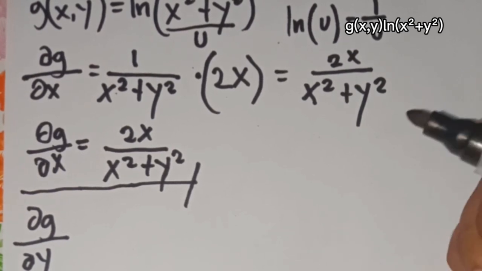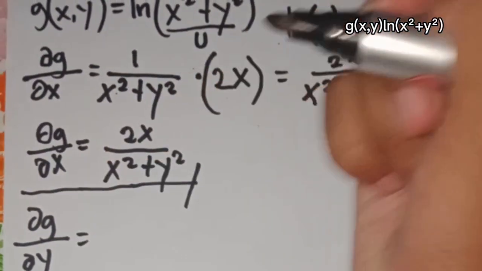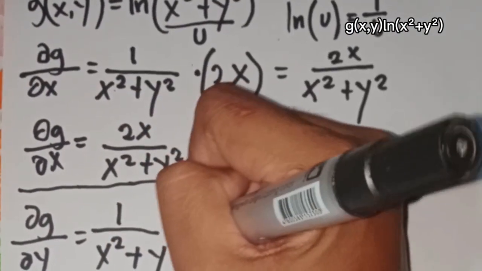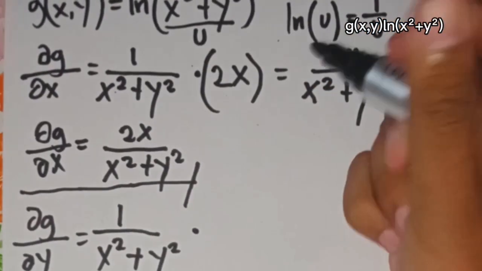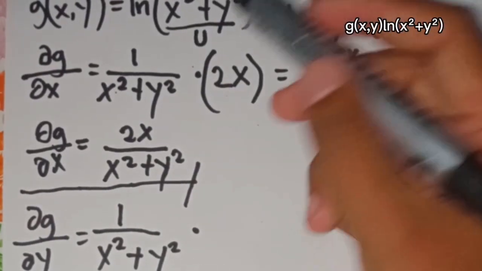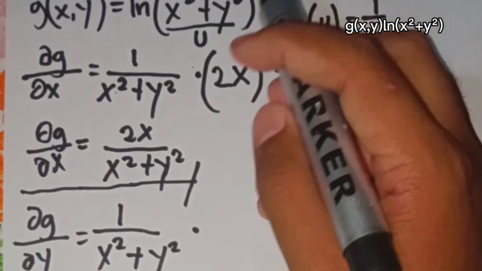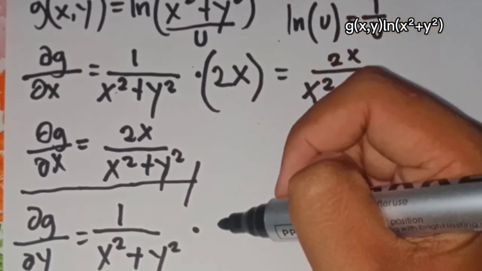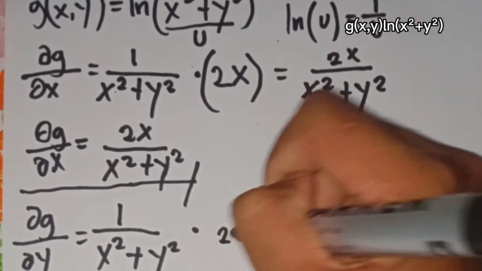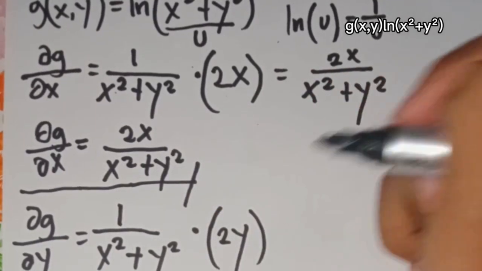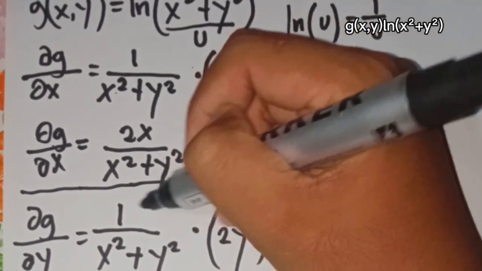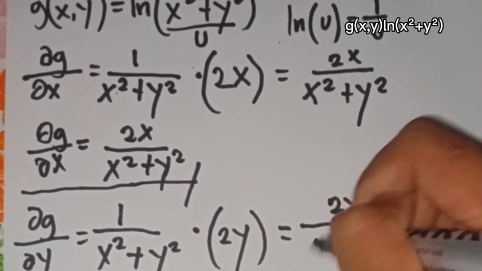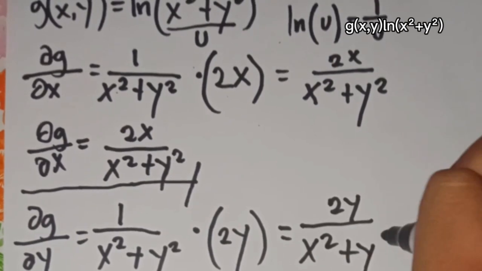Again, using the chain rule, we get 1 over x squared plus y squared times the partial derivative of x squared, which is 0 with respect to y, and the partial derivative of y squared with respect to y, which is 2y, equals 2y over x squared plus y squared.